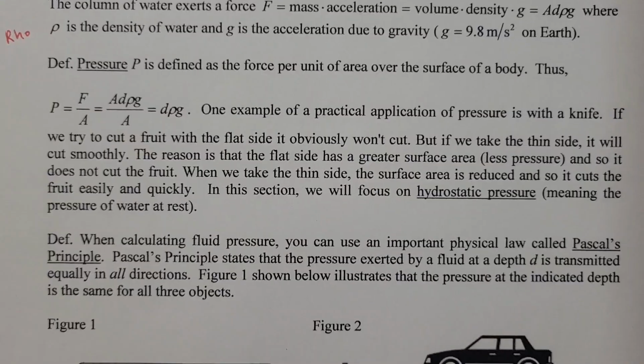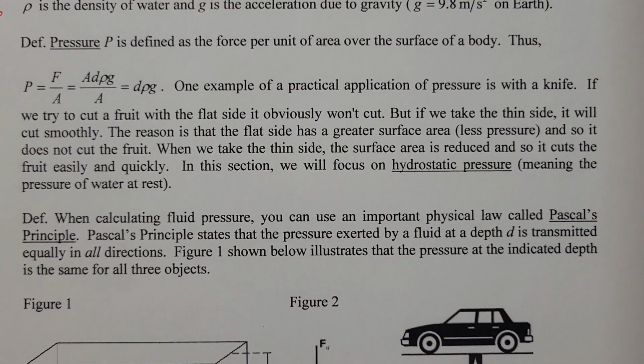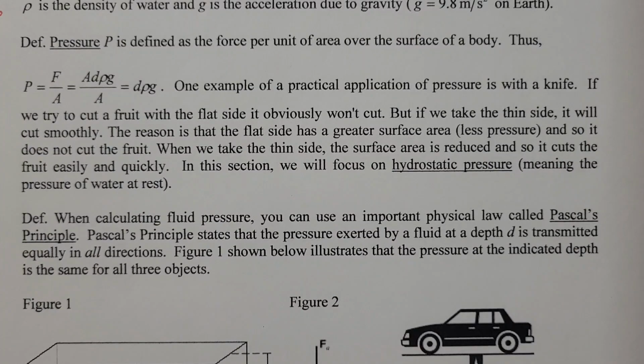One example of a practical application of pressure is a knife. If you try to cut a fruit with the flat side, it is not going to cut well. But if you take the thin side, it will cut smoothly. The reason is that the flat side has a greater surface area, so there is less pressure, and it does not cut the fruit.